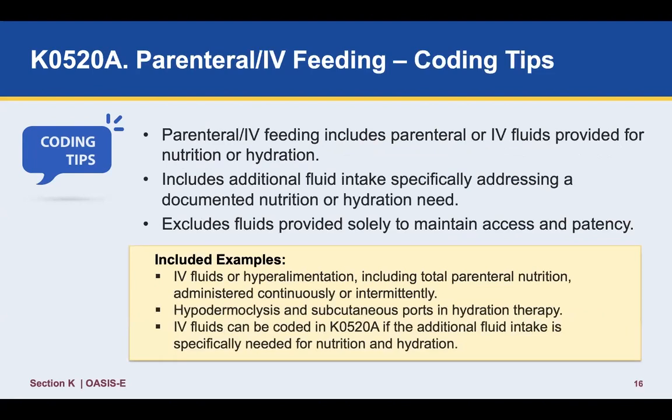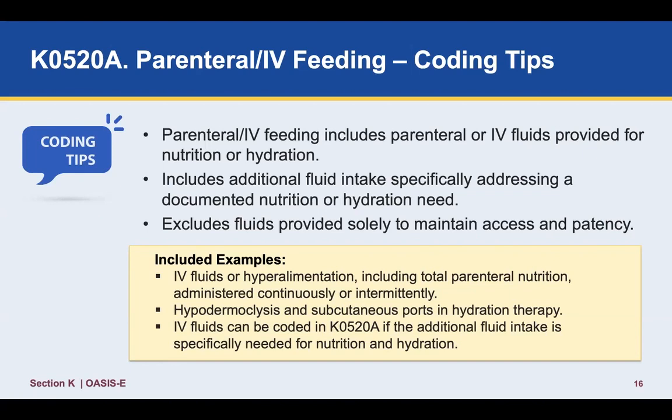Here are some coding tips for parenteral IV feeding for K0520A. Parenteral or IV fluids include those provided for nutrition or hydration. If there is supporting documentation, that is documentation defined by your facility policy and noted in the patient's record, and this indicates the need for additional fluid intake, specifically to address a nutrition or hydration need, the fluids mentioned here in the yellow box may be included.